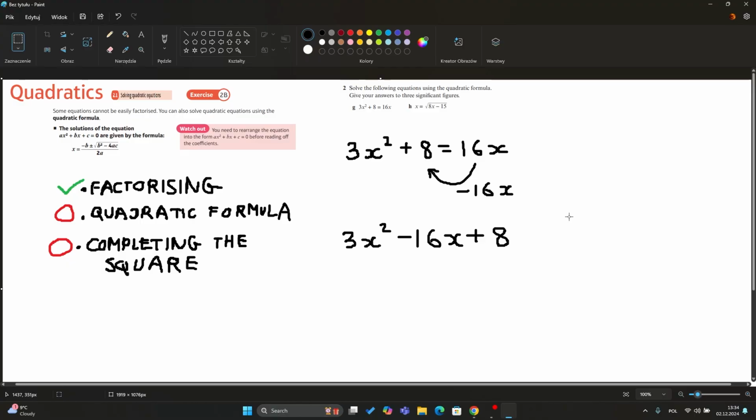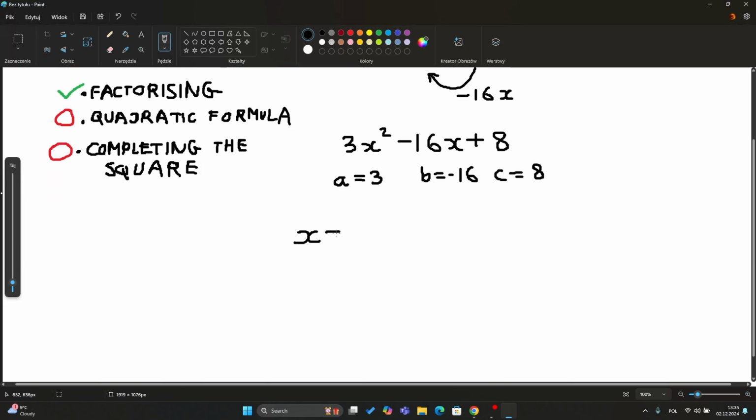Now this question comes from the second question from the exercises, and it says that we have to solve the following equation using the quadratic formula and give your answers to 3 significant figures. So a equals 3, b equals minus 16, and c equals 8. So whatever result we get, we have to give it in 3 significant figures.